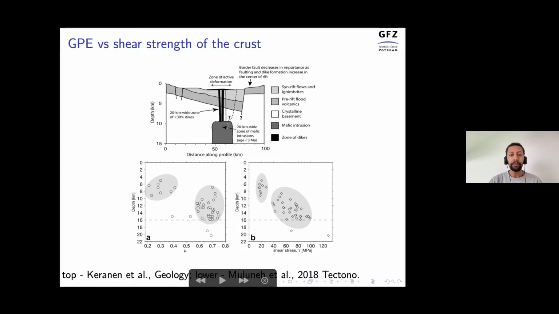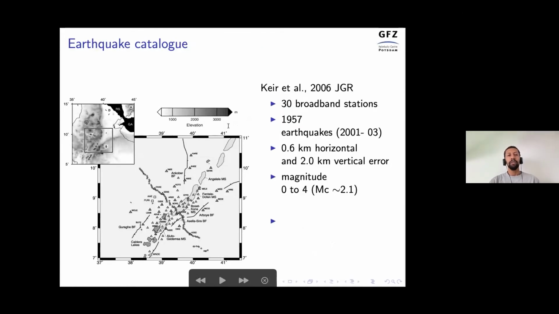Okay. So with that in mind, we try to analyze the available earthquake catalog. So we use this catalog, which was published in 2006, and this is part of the EAGLE project, Ethiopian Afar Geoscientific Lithospheric Experiment. And they used these 30 broadband stations, mainly distributed in the main Ethiopian Rift and also in the northwestern plateau. And they recorded about 2,000 earthquakes.